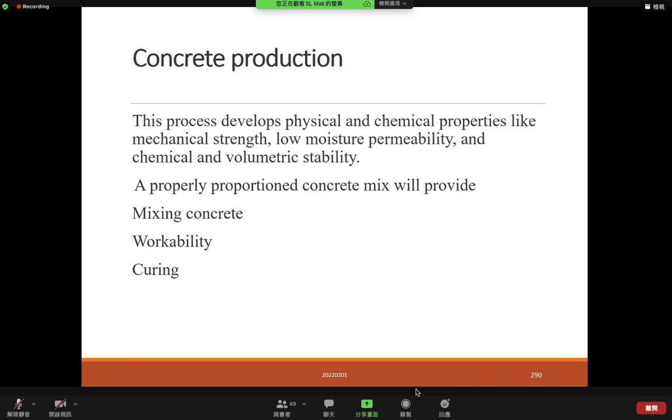The manufacturing process involves 3 important stages: mixing the concrete, mixing all raw materials such as cement, the aggregate, water, and chemical admixture together. And then the stage of workability, and finally the curing process.